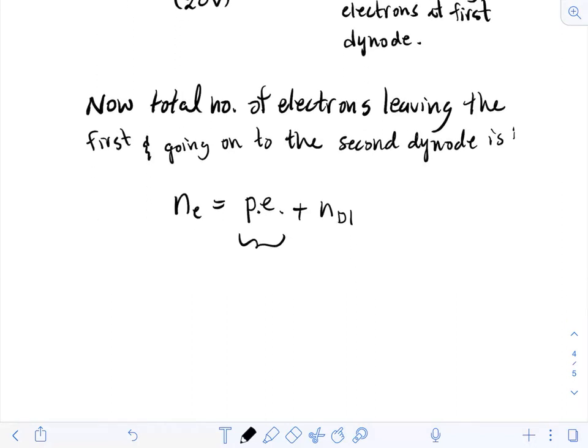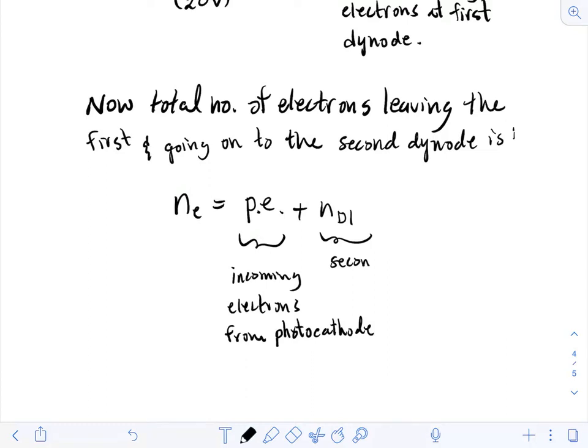So this is the incoming electrons from the photocathode, and this is the secondary electrons generated at the dynode. It would be dynode 1 in this case.